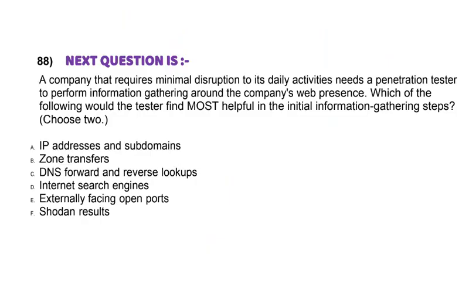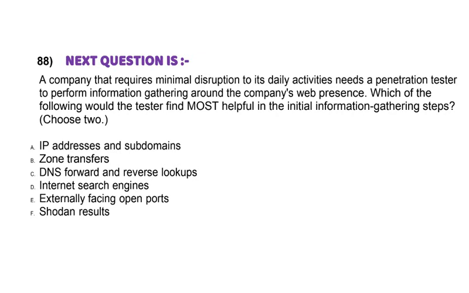Question is, a company that requires minimal disruption to its daily activities needs a penetration tester to perform information gathering around the company's web presence. Which of the following would the tester find most helpful in the initial information gathering steps? Choose two options.